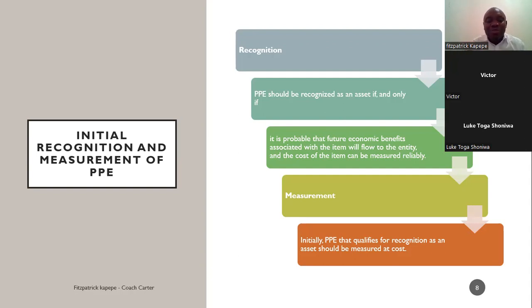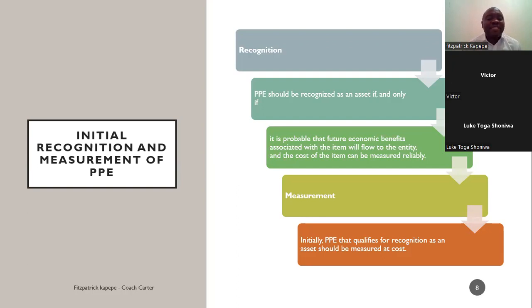You may have an asset which you think is going to generate value to you, but you end up having an asset that becomes a liability, that consumes more maintenance costs than it is able to generate value. So here we're saying it is probable that future economic benefits associated with the item will flow to the entity, and the cost of the item can be measured reliably, which I've already mentioned.